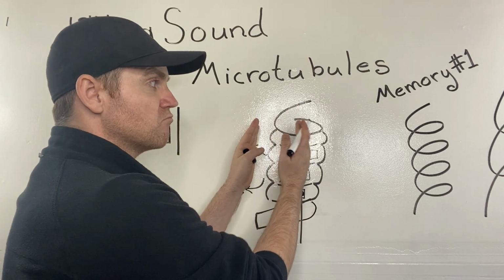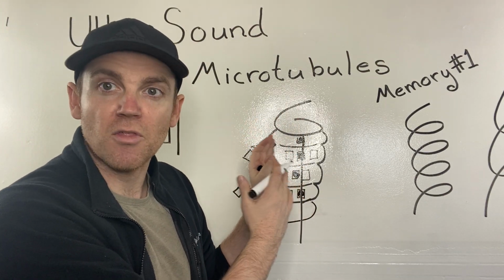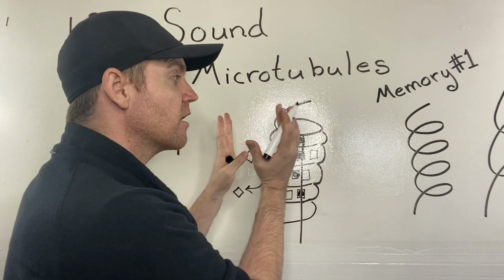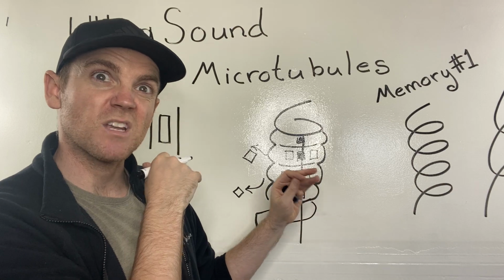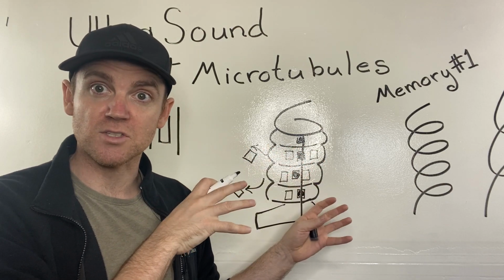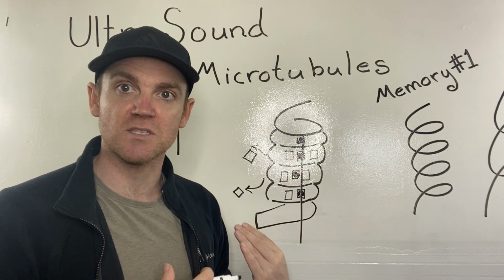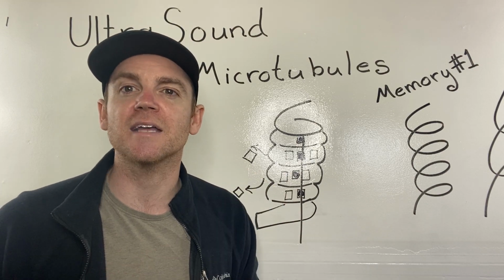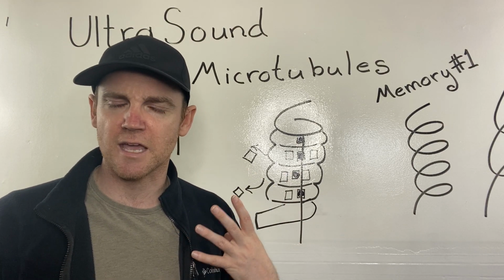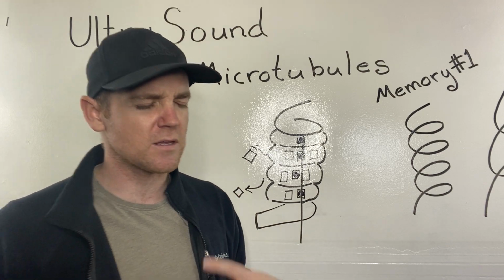Usually you're going to have a couple thousand microtubules, and they're all going to line up and have these grid, almost checkerboard patterns of how they light up and what frequencies go through them. Your brain's going to say, that's what a pie tastes like, sounds like, feels like, looks like, and smells like.